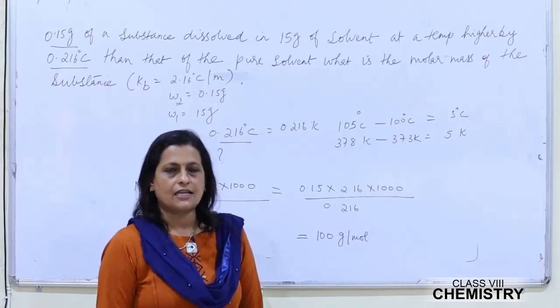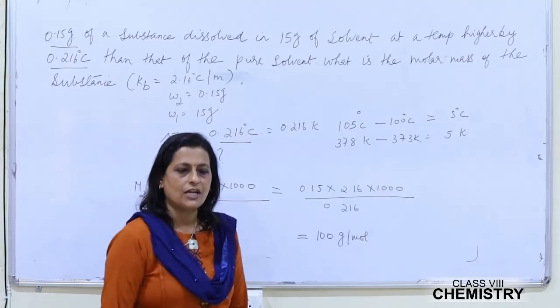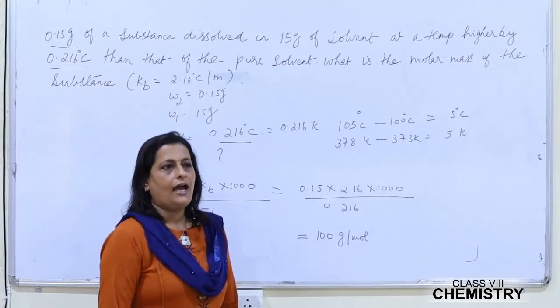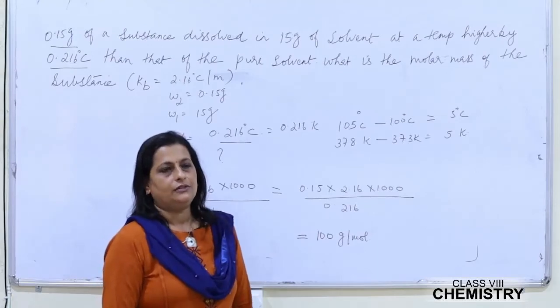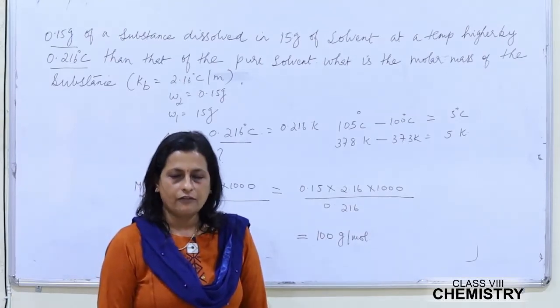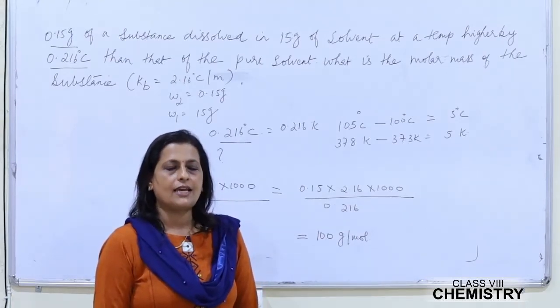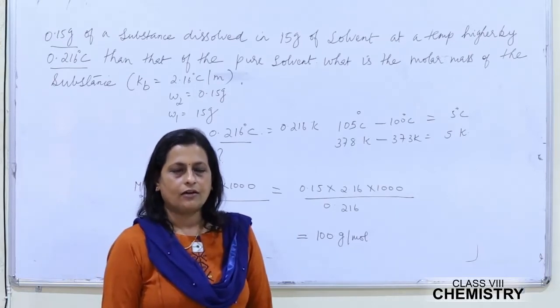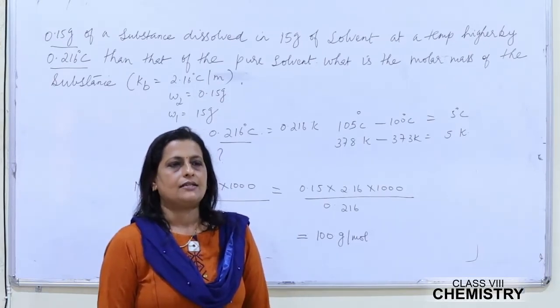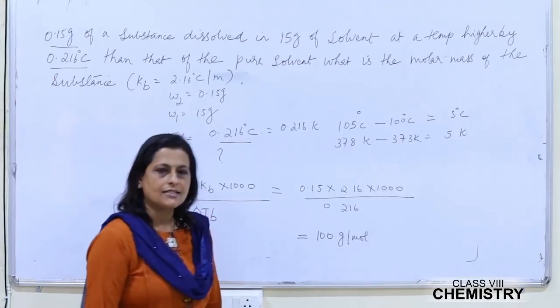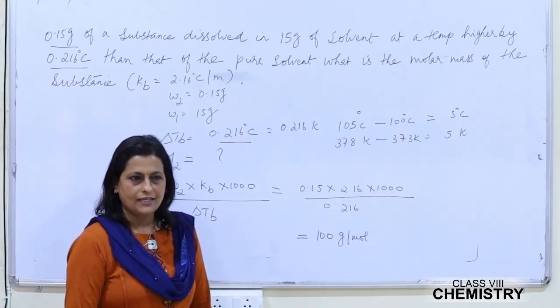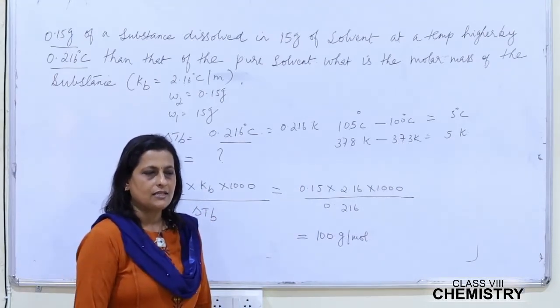So this difference in boiling point of solution and solvent is known as what? Elevation in boiling point. And since it is coming due to the addition of this non-volatile solute, so we can say elevation in boiling point is a colligative property, and therefore here we have taken delta Tb is directly proportional to molality and not molarity. Why?